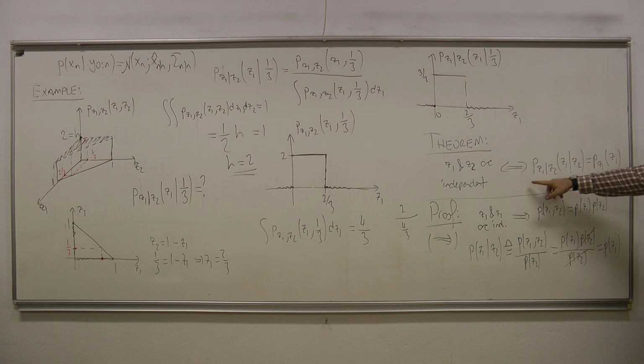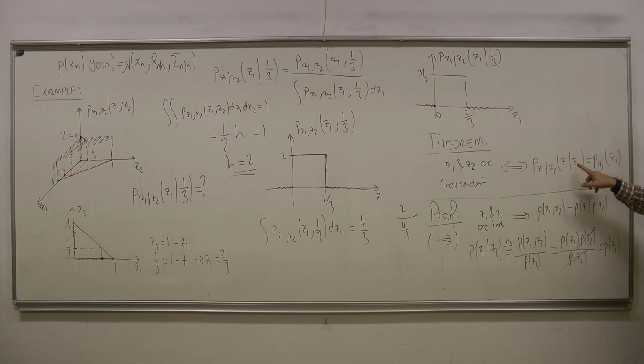So you see that when you have this equality, this conditional distribution should not change with respect to the value of Z2. Because the right-hand side is not dependent on Z2 at all. Therefore, the left-hand side should not depend on Z2 either.